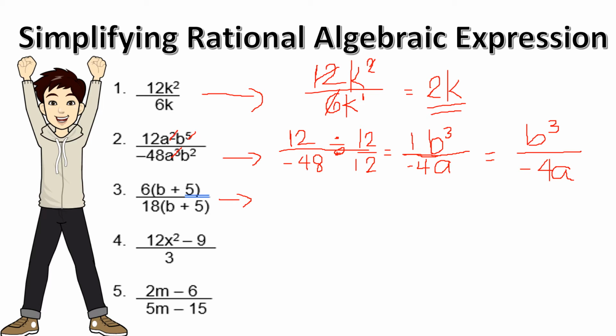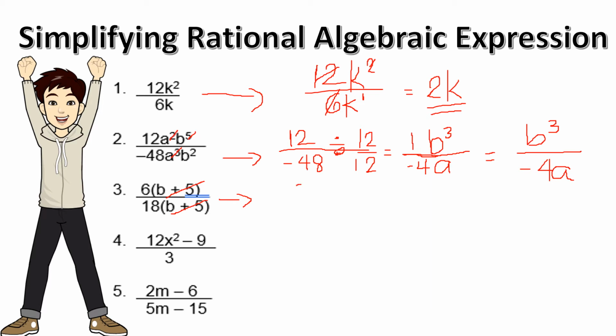Pag dinivide natin siya, pwede na natin siya i-cancel, so mawawala na yung ating b plus 5. So pag may common terms sa numerator at sa denominator, pwede na natin siyang i-cancel. So yung b plus 5 over b plus 5, pareho sila. So understood, one term lang naman siya kasi may open and close parenthesis. So pwede na natin siya i-cancel kasi common term sila.